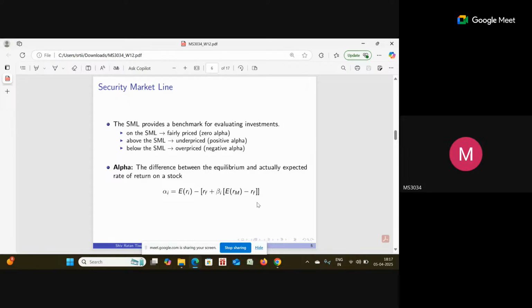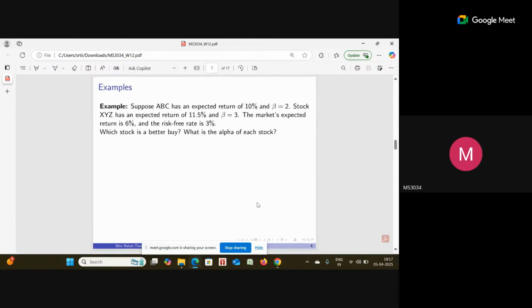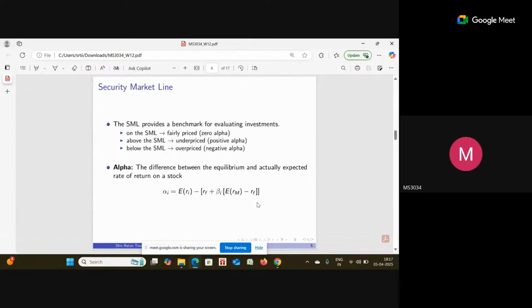That means it is giving me more return than it is expected to give. So it is a worthwhile investing project. Similarly, if a project has a negative alpha, then it is overpriced and you should not invest in such a project which has a negative alpha.